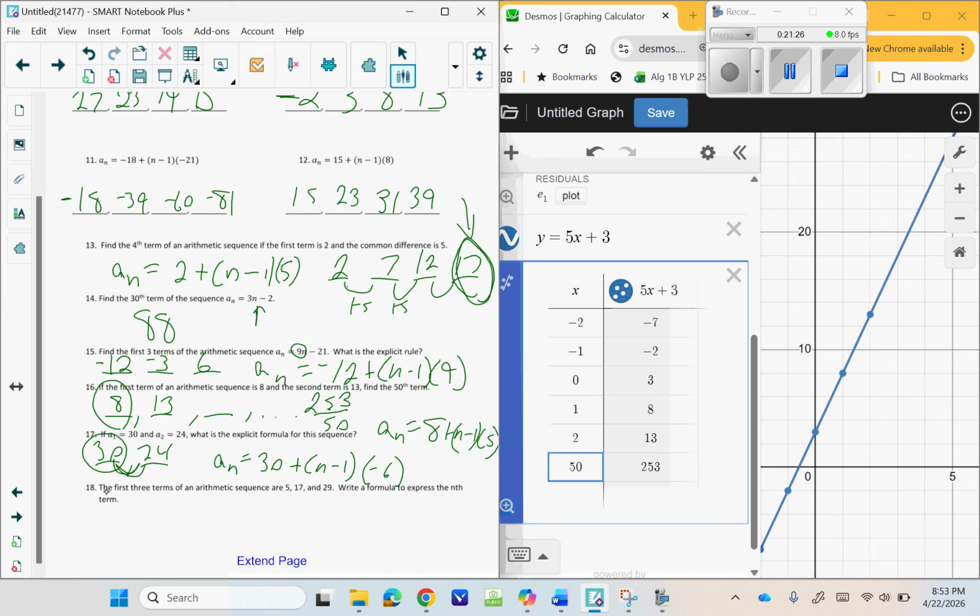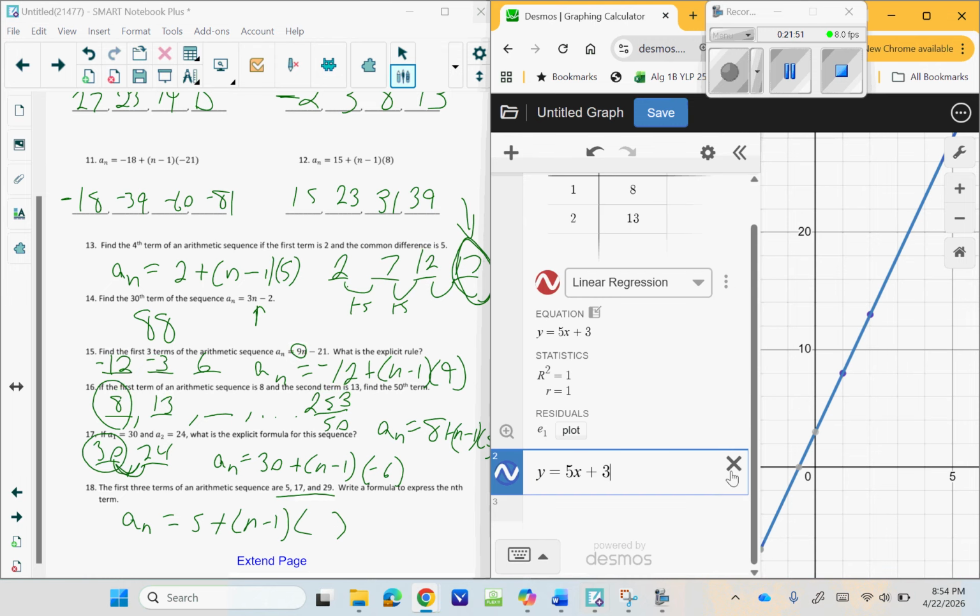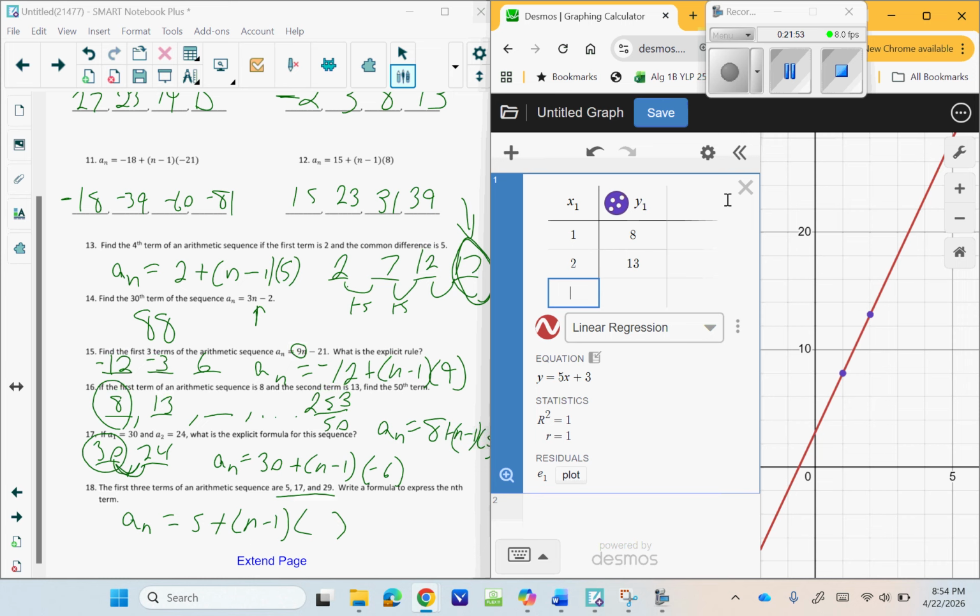Finally, number 18: the first 3 terms of an arithmetic sequence are given. Write a formula to express the nth term. Again, we can do this. I'm going to say a sub n equals 5 plus n minus 1 times d. It might be faster to just figure it out: what's the pattern, what does it keep going up by?